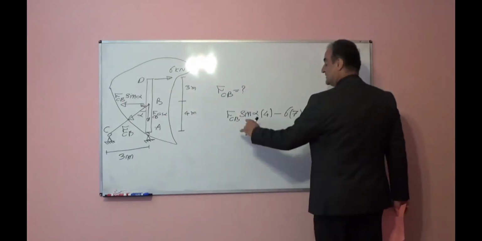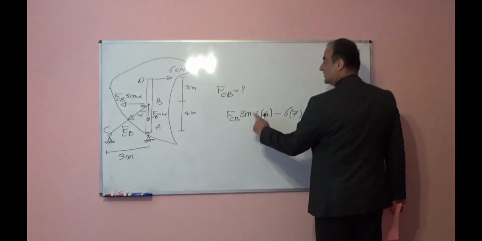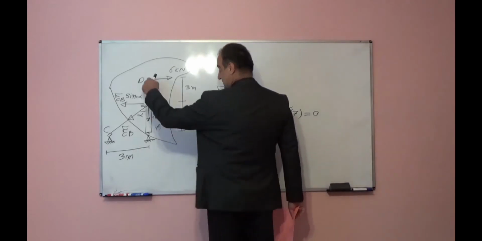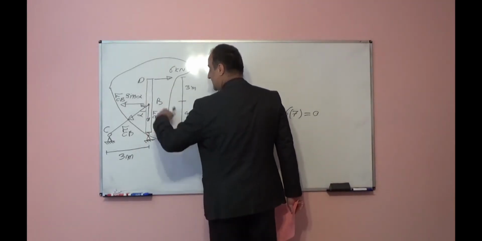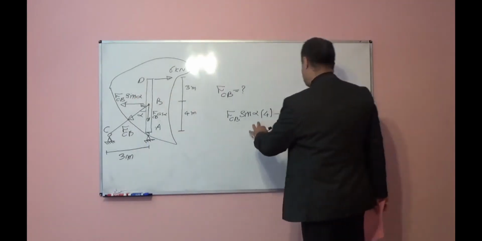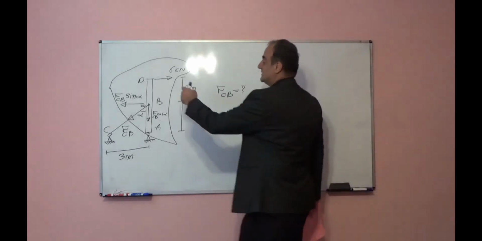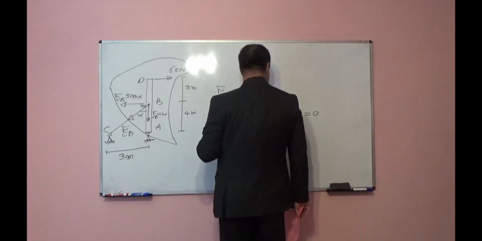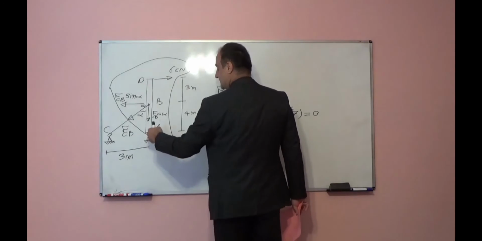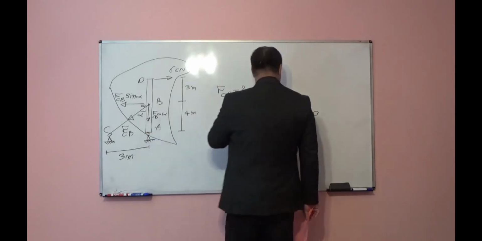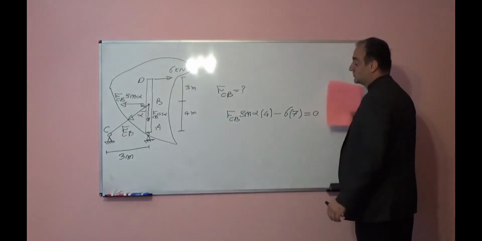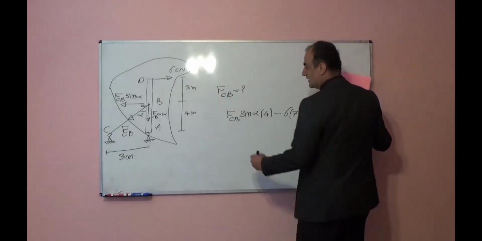So FCB sine alpha times 4, it wants to rotate this column respect to point A counterclockwise, so positive, minus 6 times distance, 7, it wants to rotate this column respect to point A clockwise, so negative is equal to 0.